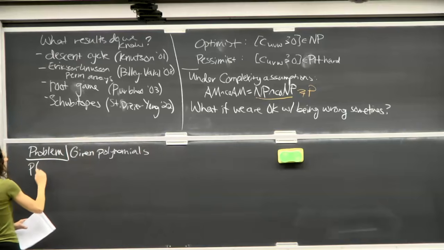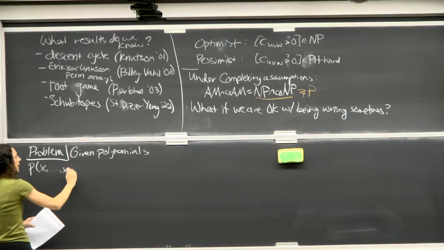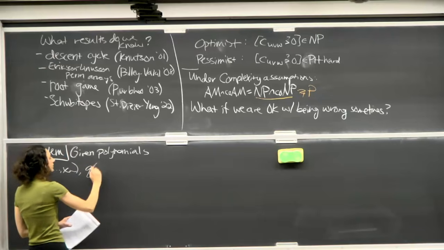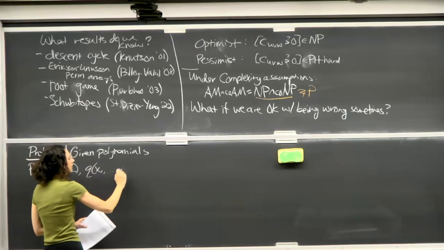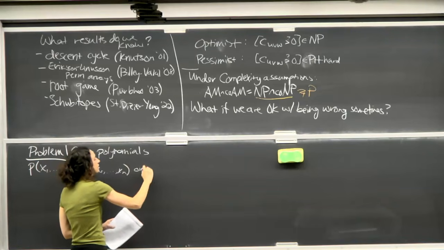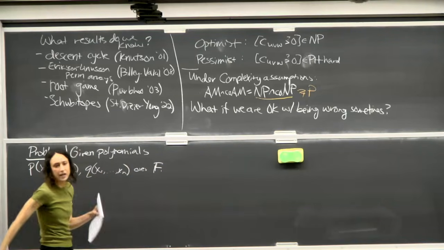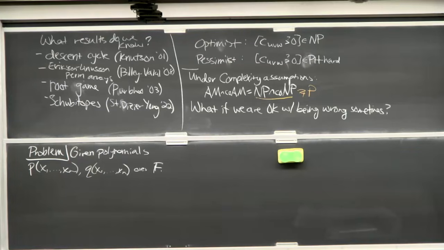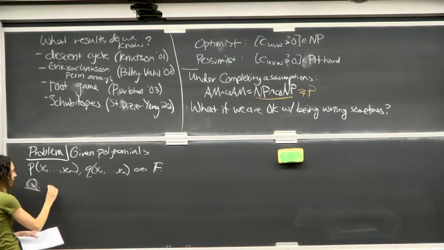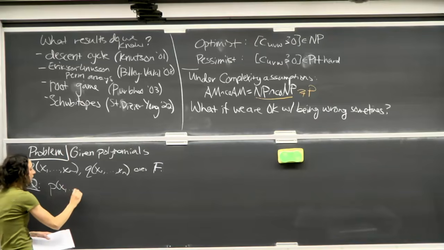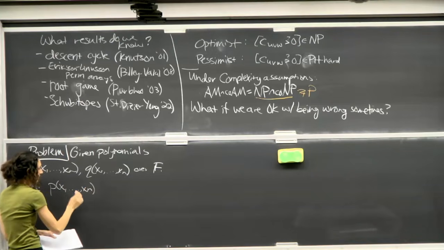I'll have p in, let's say, n variables, and q. And let's say it's just over a field, we could just take C, just fine. And the problem is asking: is P equal to Q?